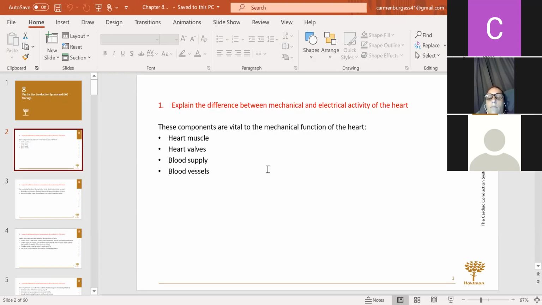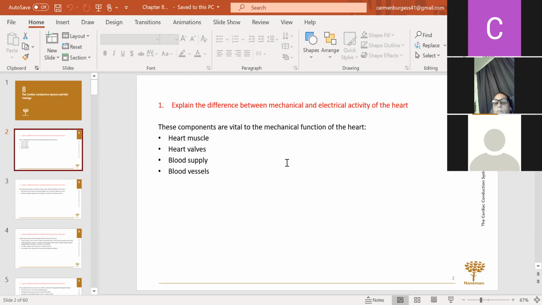So this is all a review at the beginning because we talked about this so much, but if you don't understand this concept, we cannot move forward with 8. So we all need to make sure we know the difference between the mechanical and electrical activity of the heart. What is the mechanical part of the heart?